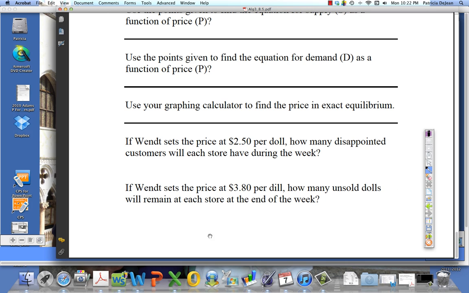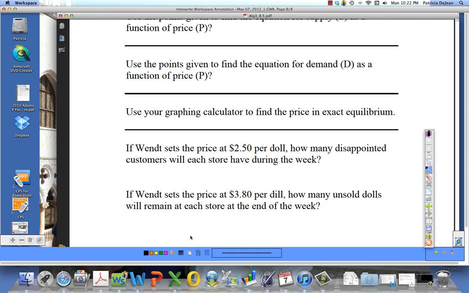You need to look at your calculator again if you have it. If Wendy sets the price at $250 per doll, how many disappointed customers will they have for the week? So let's make a little table. We've got the price, and you've got the supply, and you've got your demand, and we're going to use those two equations.